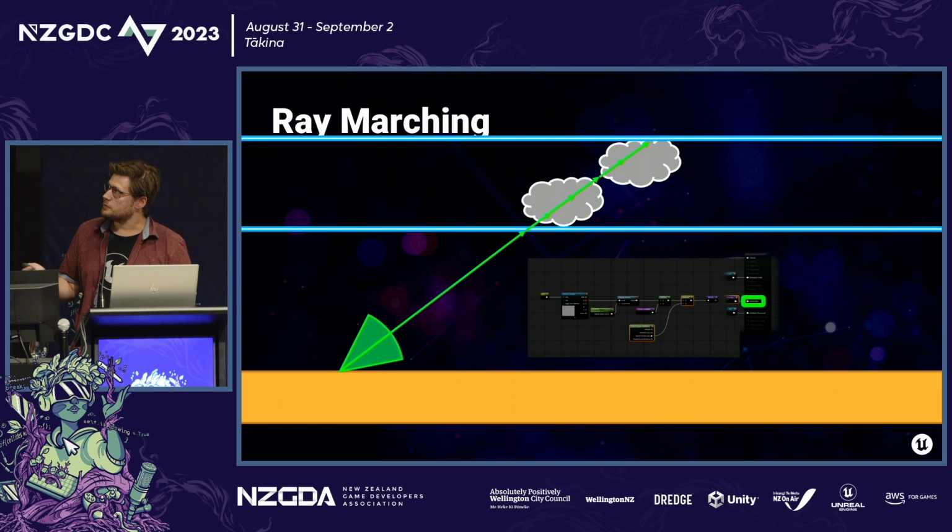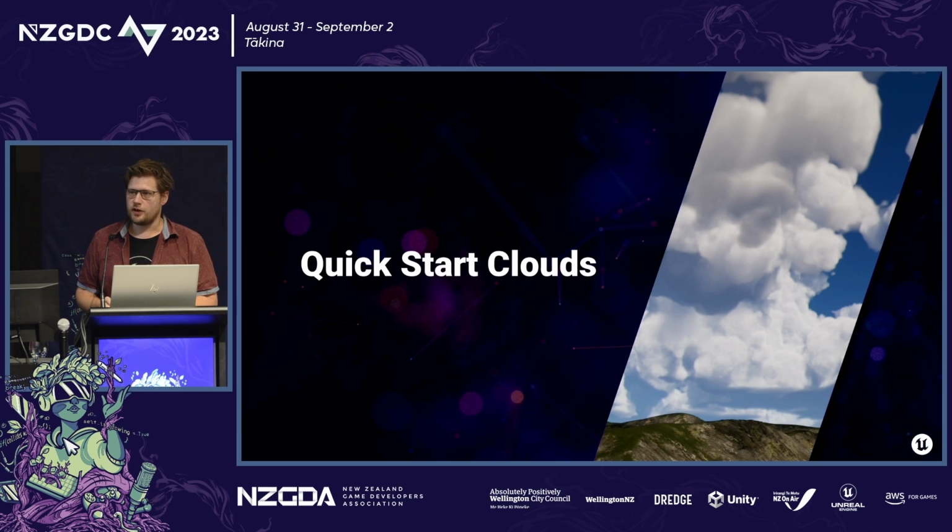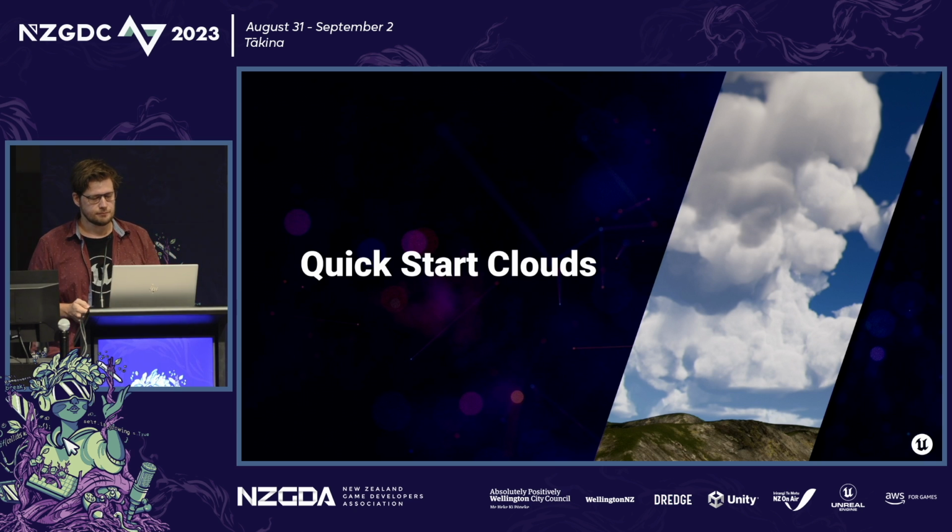We use these materials to describe what that density value is at each point in space. At each ray march step, the position will be given to you in your material, and it's your job to tell Unreal what that final extinction value is, so that it can be accumulated with the rest of the samples, and finally reach your camera or the eye, and you get a final value for your clouds.